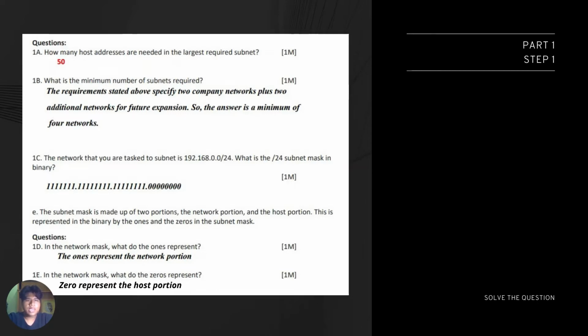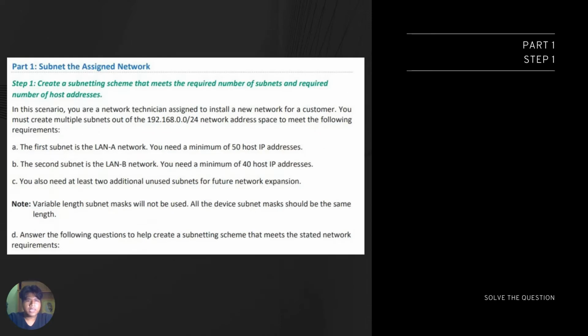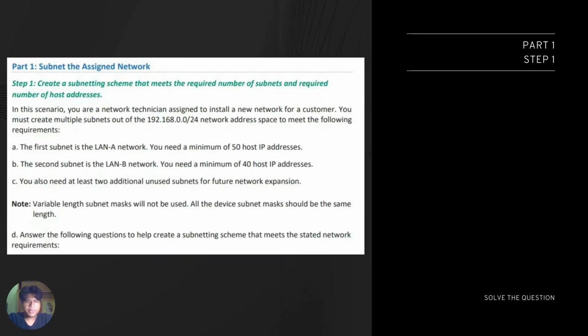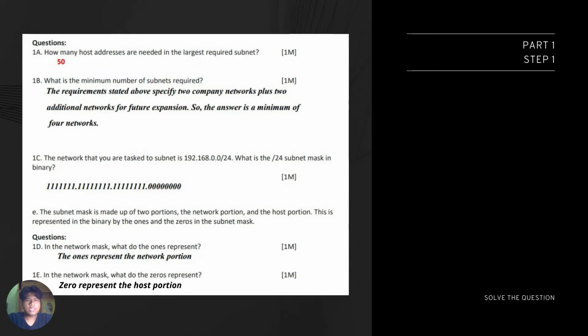The requirements stated above specify 2 company networks, LAN A and LAN B, and also 2 additional unused subnets for future network expansion. That's stated in the question: at least 2 additional unused subnets for future network expansion. So 2 plus 2 is 4, a minimum of 4 networks.